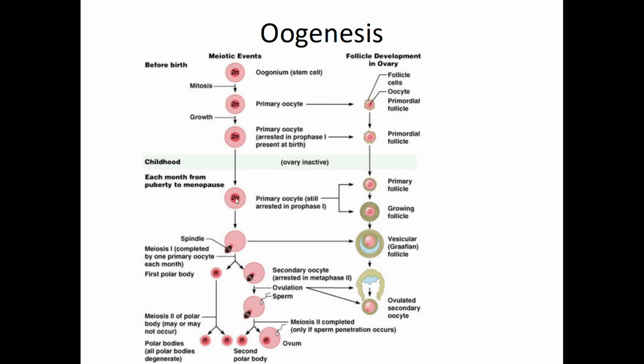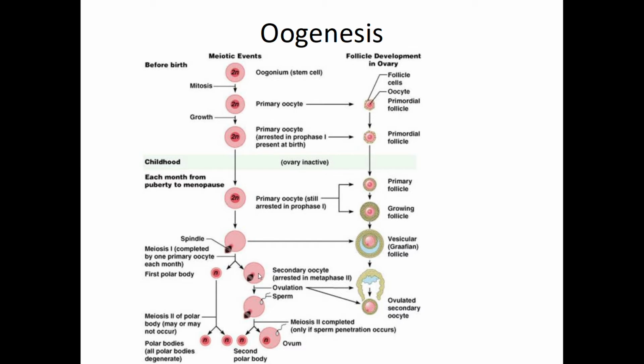Here's our primary follicle growing, we're still arrested, there's no division happening. And then as ovulation is happening, the next division occurs. We're dividing this and producing a polar body. This polar body is just a waste product, and we're just going to get rid of it.